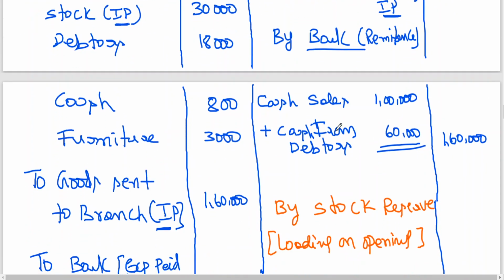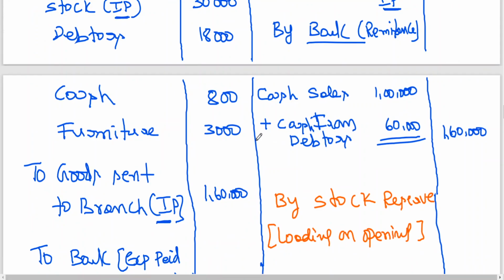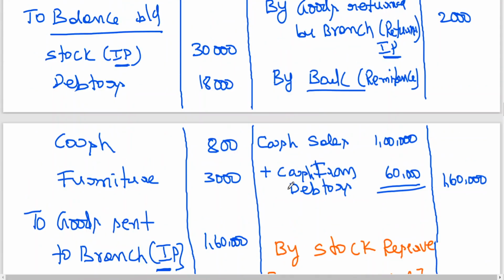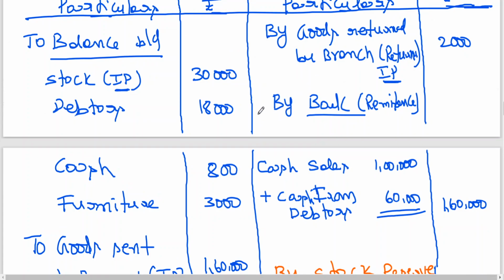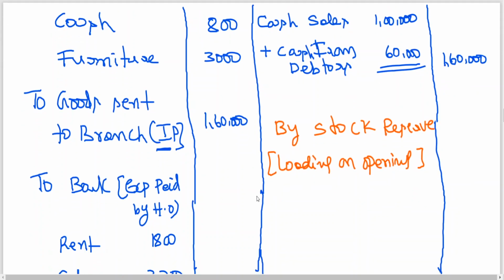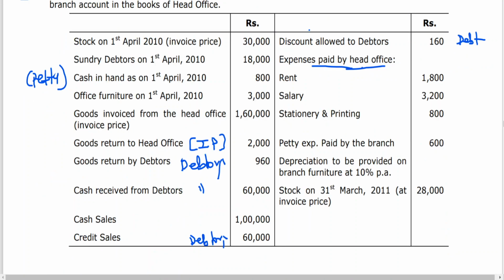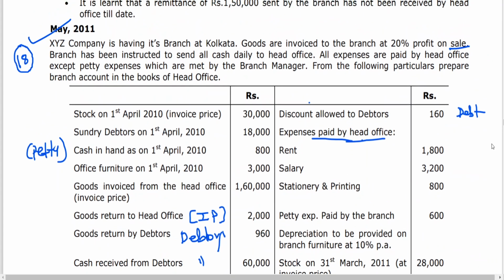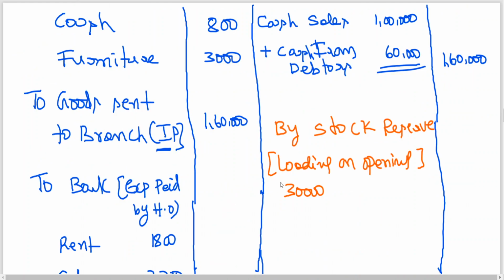Okay, no problem even if you write it otherwise. Invoice price, loading effect, you can write, no issue. So 30,000 into 20%, no, because he has given 20% profit on sales, so no need to convert the percentage, because stock has been given at invoice price. 6,000.